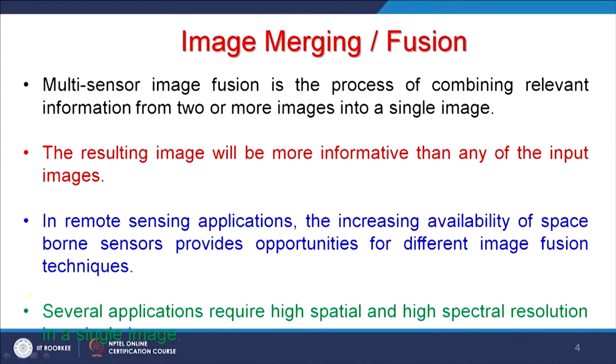Now, in many applications sometimes we require both high spectral and high spatial resolution. High spectral, for those who may not be familiar with remote sensing, means that for the same part of the electromagnetic band, more narrow bands and a greater number of bands are available, and therefore we say high spectral.